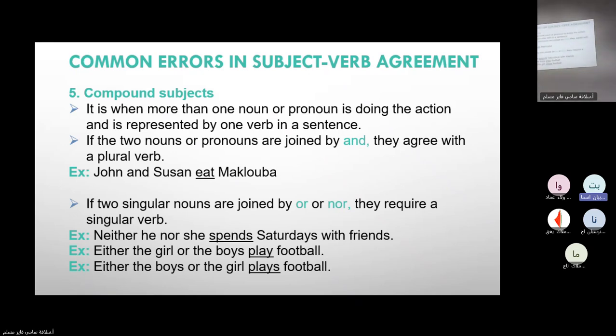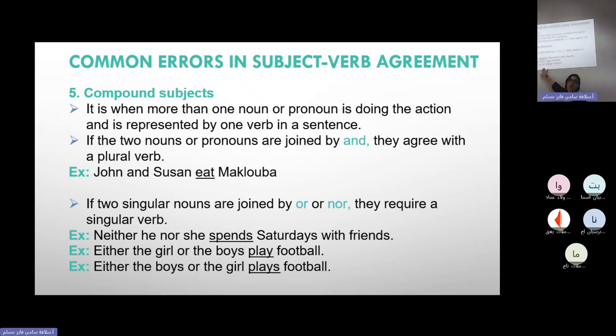Either the girl or the boys play football. Why did we put play, not plays? Because before it is the boys, which is plural. Next: either the boys or the girl plays football. Why plays here?